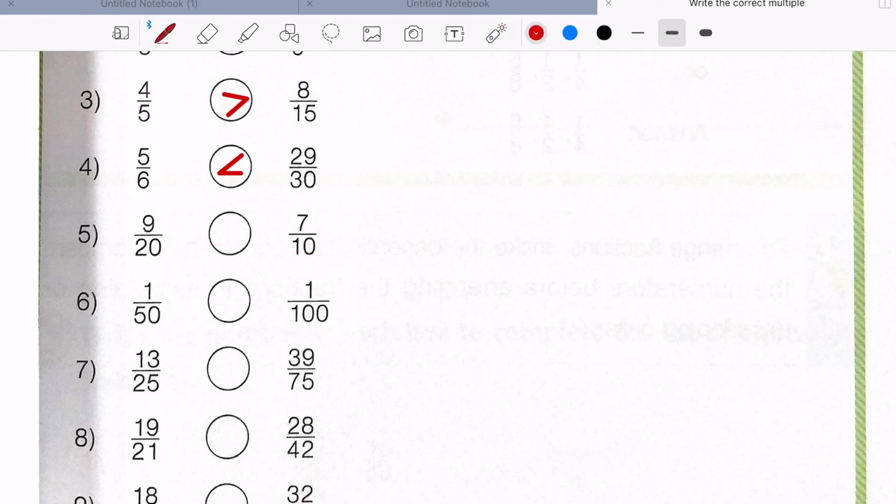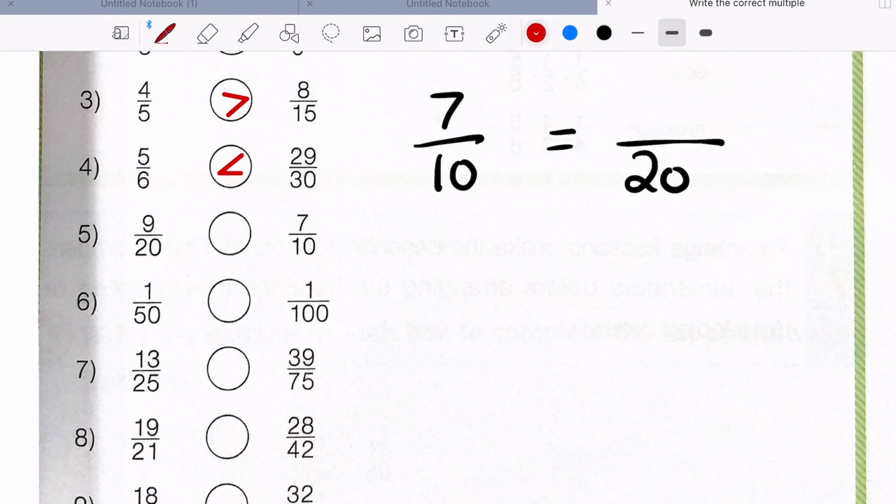So we're going to look at 7/10ths is equal to something over 20. What do we have to do? 10 times what equals 20? 10 times 2 equals 20. We have to multiply the top by 2 as well. If we multiply the bottom, 7 times 2. So 7 times 2 is 14.